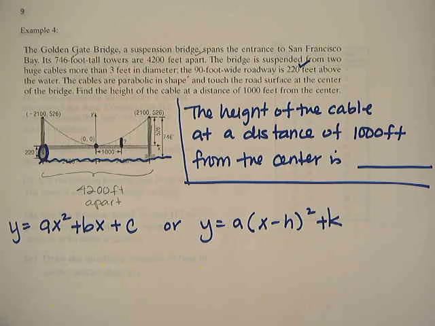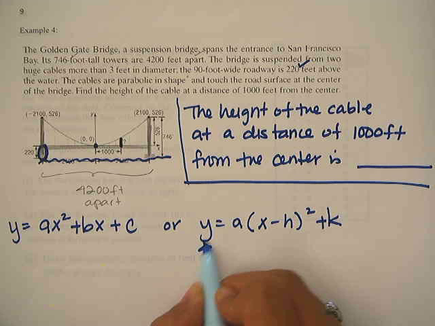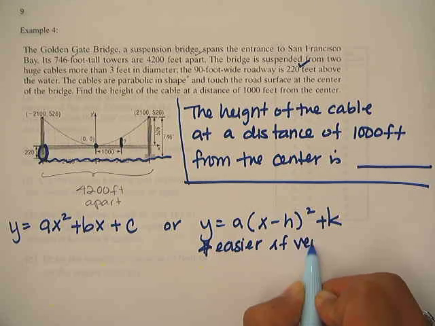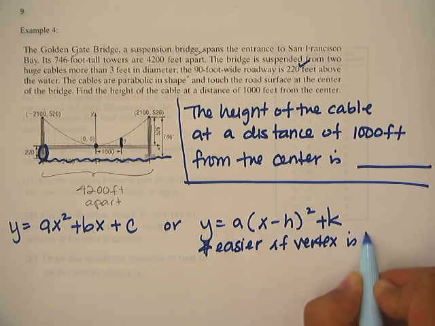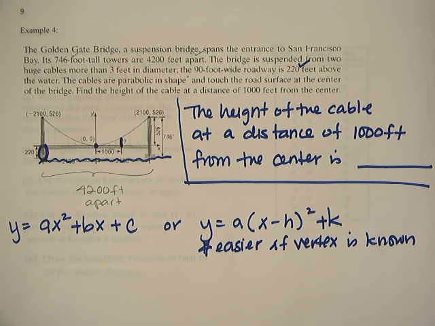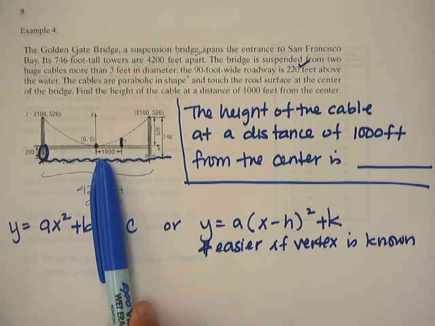This equation right here is easier if the vertex is known. So let's look at our drawing. Do we know the vertex?